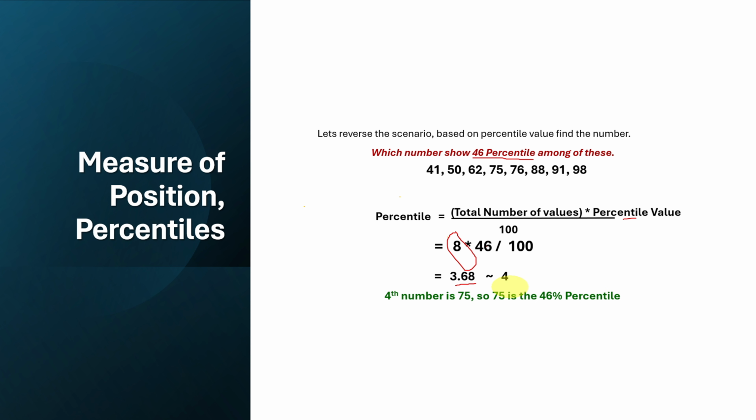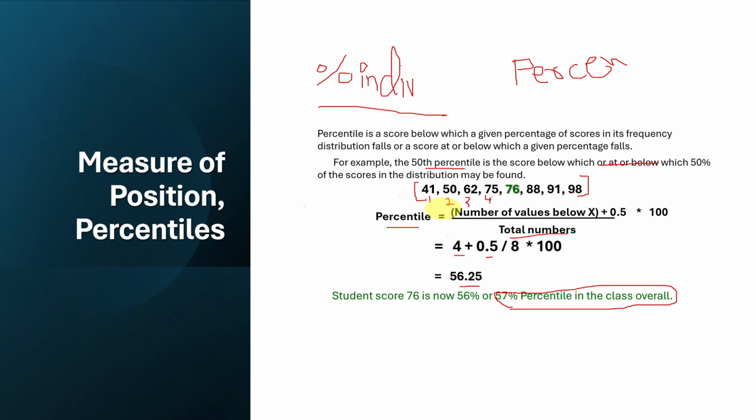So you have two ways to solve this. One is the one which we just discussed: if you know the number of values below, like for the 50th percentile we were discussing, then number of values plus 0.5 divided by total number of values, multiplied by 100, you will get 56.25.